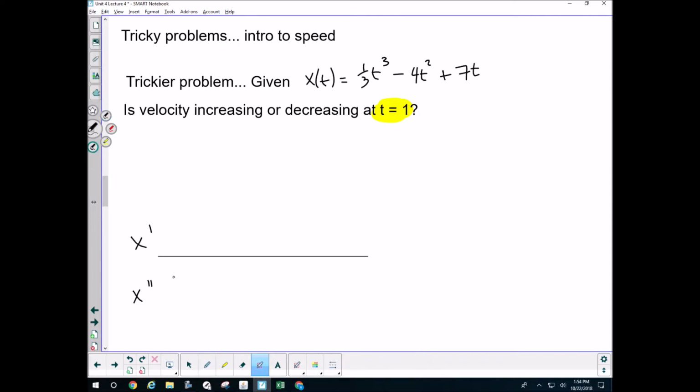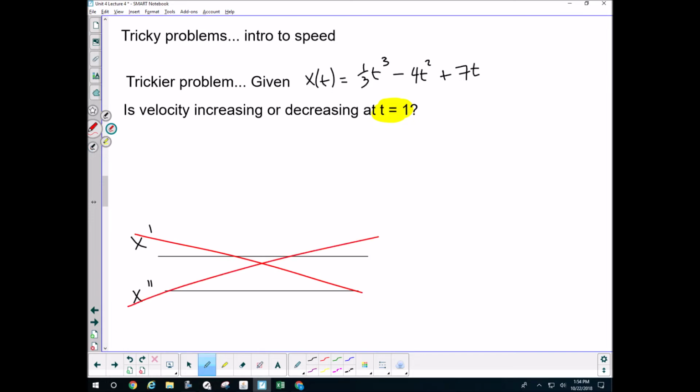Like, this is not necessary, because we can just look at values that would help us answer this question at 1. Okay, so not necessary. I'd like you guys to try to figure this out yourself. Is the velocity of this object increasing or decreasing at 1? So go ahead. First instincts, without doing a number line. Go ahead.